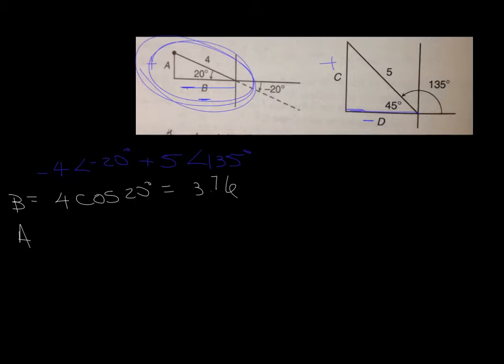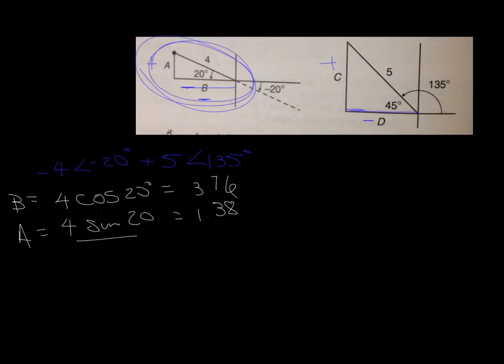Then a equals 4 sine of 20, because a is actually my y, and y is the hypotenuse times the sine of the angle.